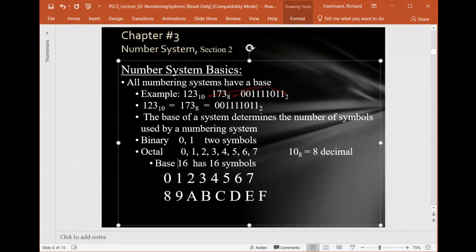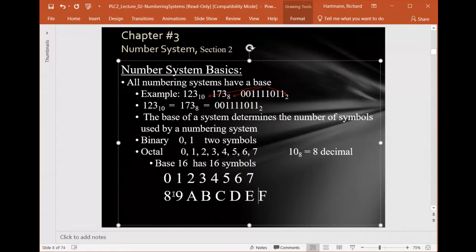And so if we look at base 16, which is hexadecimal, it has values 0 through 7, 8, and 9. But now we've run out of numeric digits, because we only have 10 in decimal, so we don't have any more symbols to represent those. So what they said is, let's use the first 6 letters of the alphabet to get those last 6 digits.